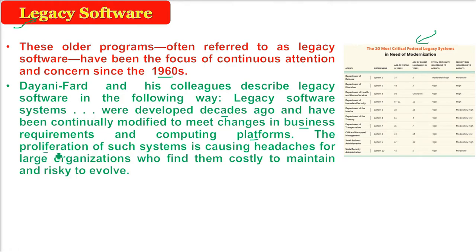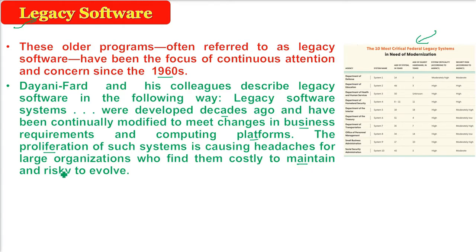The proliferation of such systems is causing some problems, because maintaining or changing a software is as good as making a new software. So the cost, effort and risk involved when dealing with legacy software made many years ago. This was one observation by Diane and Ford about legacy software.